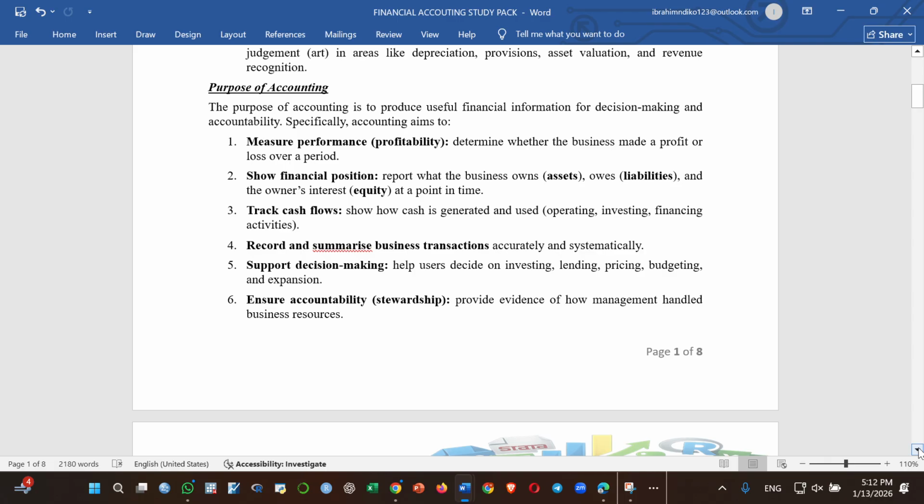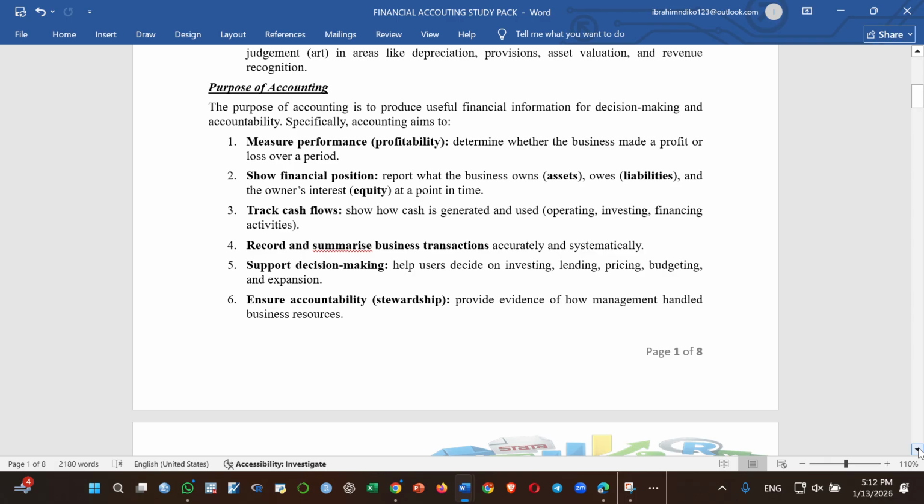Why is it important, or what are the uses of accounting? The purpose of accounting is to produce useful information for the purpose of accountability and for the purpose of making decisions.